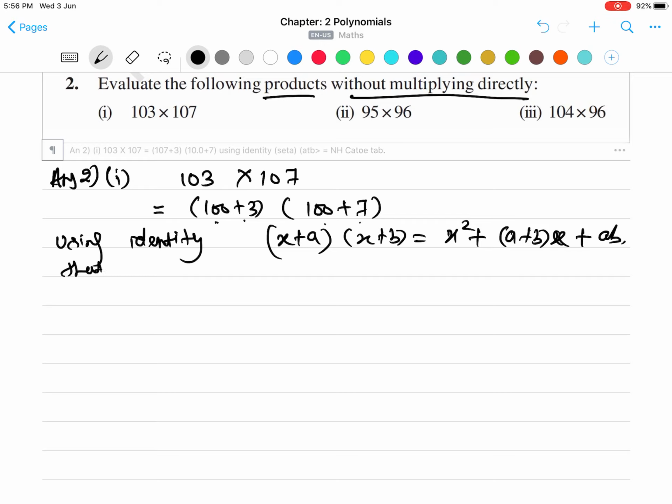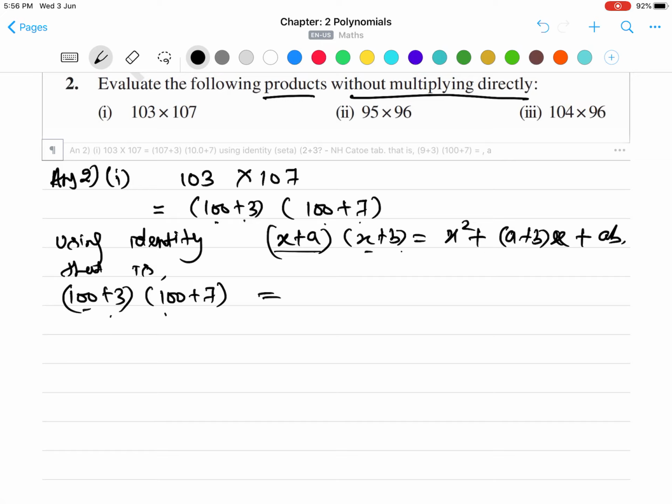So this (100 + 3)(100 + 7) is equals to, here you can see x is 100, a is 3 and x is again 100 and b is 7.